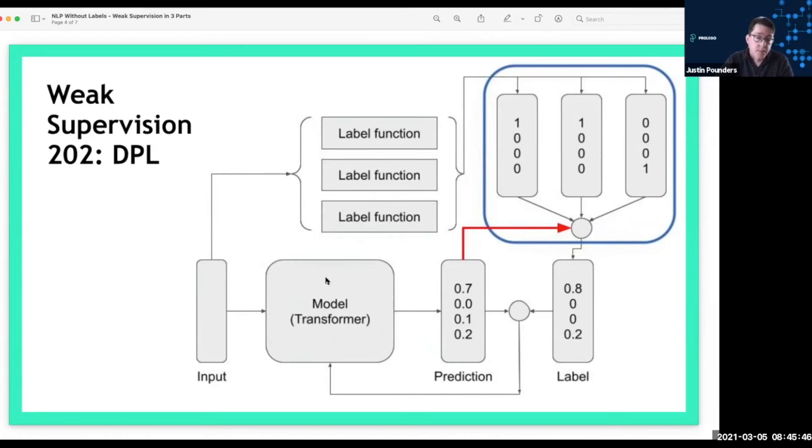In actuality, what the model might be telling you is that even though your approximate labels didn't label this as risky, I know enough about language to know this is actually risky. And so we can view the prediction of the model as an extra piece of evidence that goes into this probabilistic model that gives you labels.